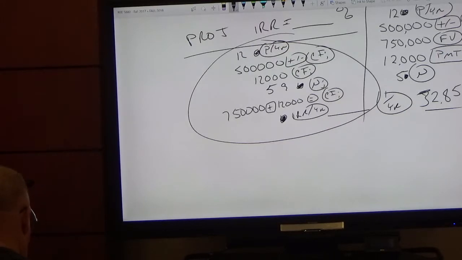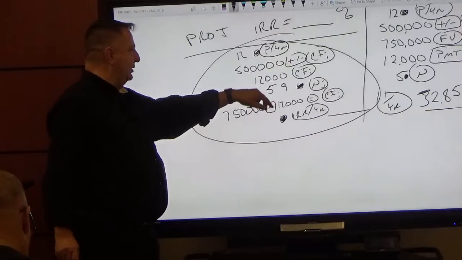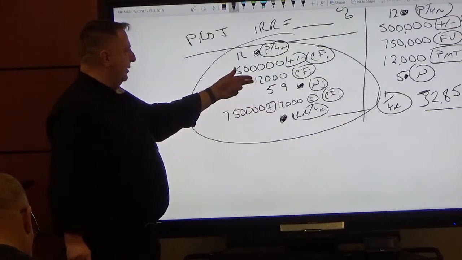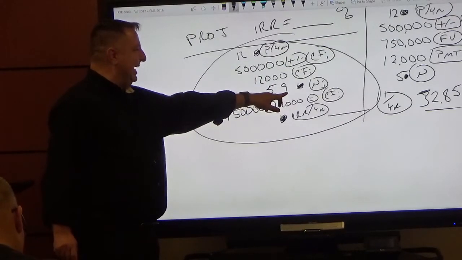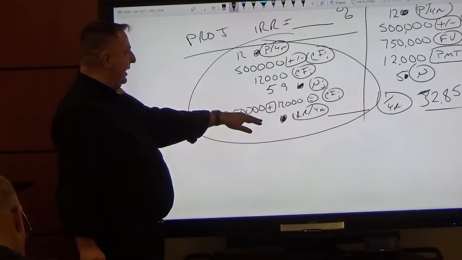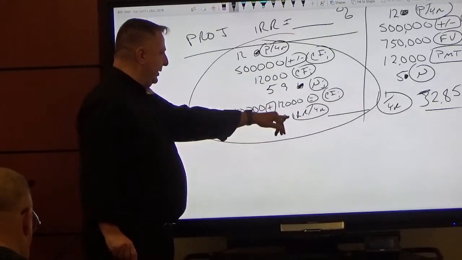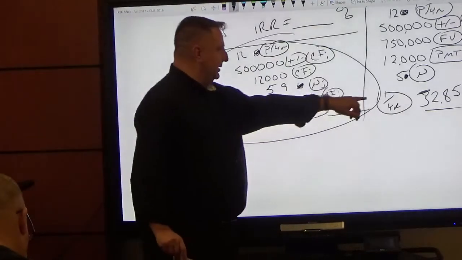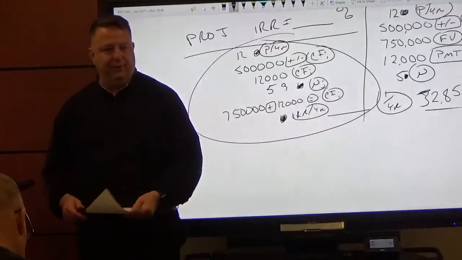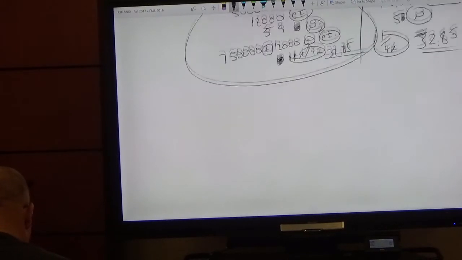So here, you're putting in the initial 500,000 as a negative cash outflow, $12,000 a month for 59 months, and then the 60th month is gonna be the 750,000 plus 12,000 to get the final cash flow, and then solve for internal rate of return, and you should get the same answer, the 32.85. Perfect. Okay? All right.